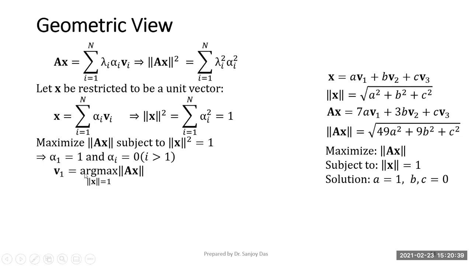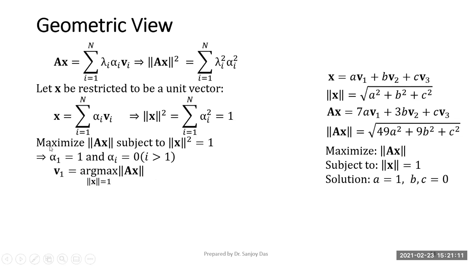So, summarizing this observation in this form, v1 equals argmax, with x restricted to a unit vector, of the L2 norm of Ax. Am I clear with this? Yes. Okay.